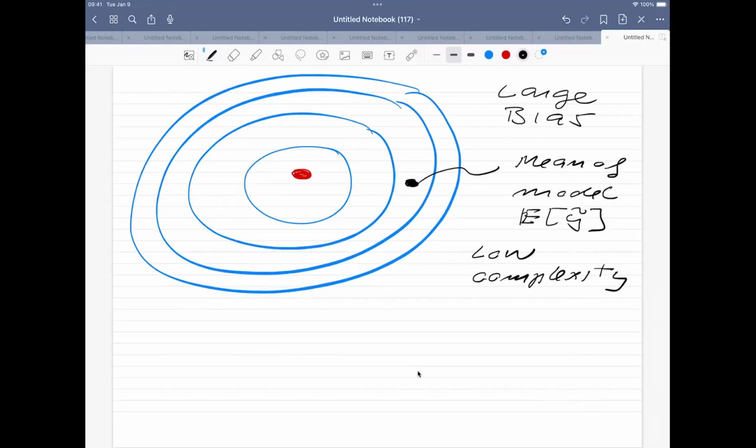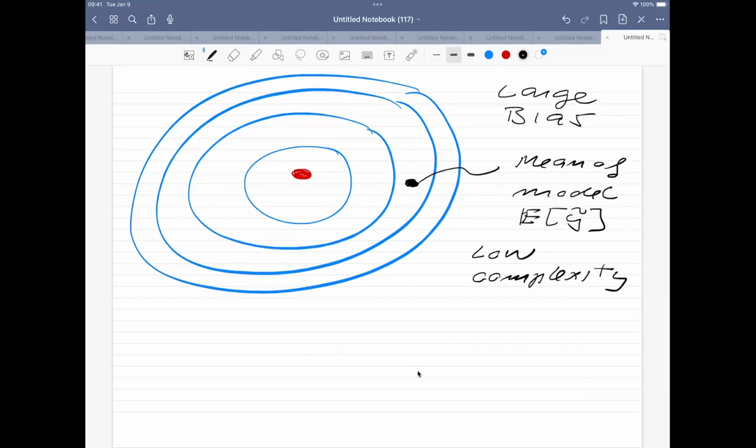It's understandable why it comes from a low complexity, because now you have a poor model, and that means that your prediction of the mean can be pretty bad for the model itself compared with the value you want to target. So low complexity means often that your model doesn't reproduce properly the data. Okay, so this is what we call a large bias.